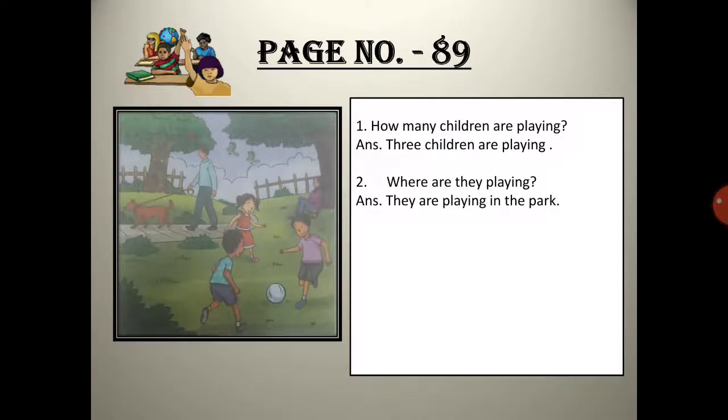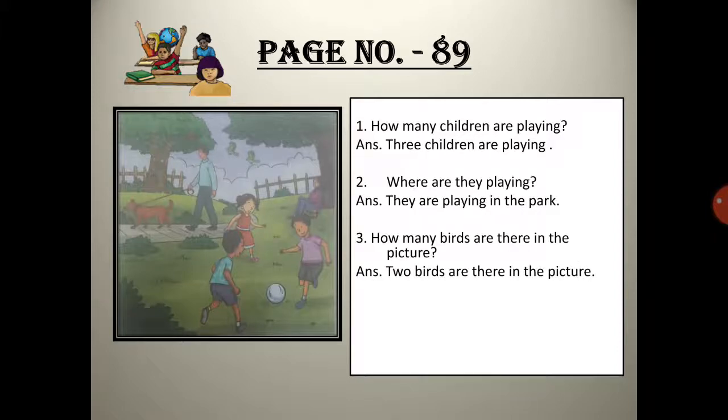Very good. Now the third question. How many birds are there in the picture? Now look at the picture and tell me how many birds are there. 1, 2. So the answer will be 2 birds are there in the picture. Only 2 you have to write.